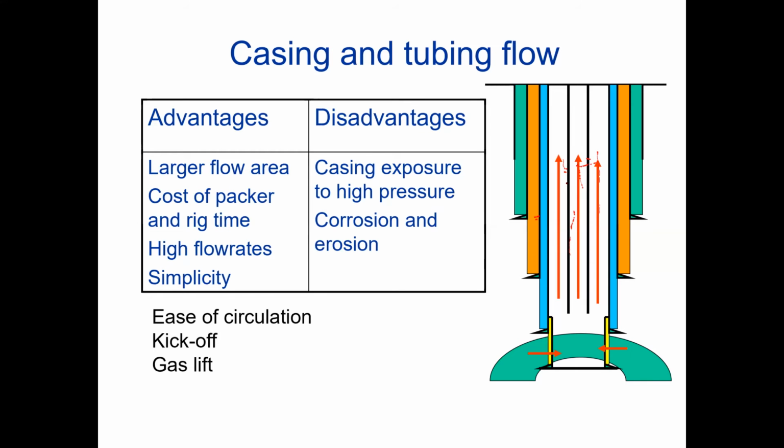This is good for high flow rate, but you also have this problem of corrosion and erosion in the casing. You always want to protect the casing, because you can remove tubing, but casing is fixed. You cannot remove the casing.